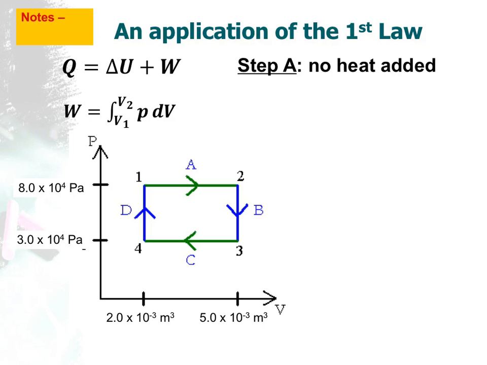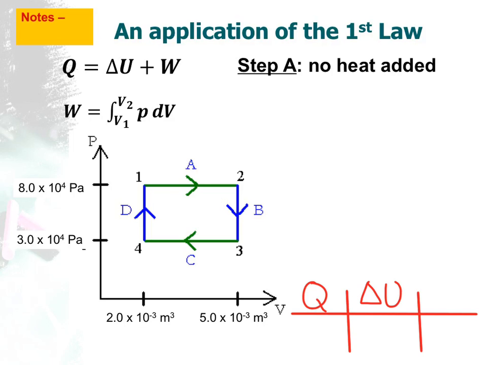So what I'm going to do for this particular problem is give the amount of heat added or taken away during each step, and then we're going to calculate the internal energy and the amount of work. So let's first consider this step where we are taking our system and we are increasing its volume.